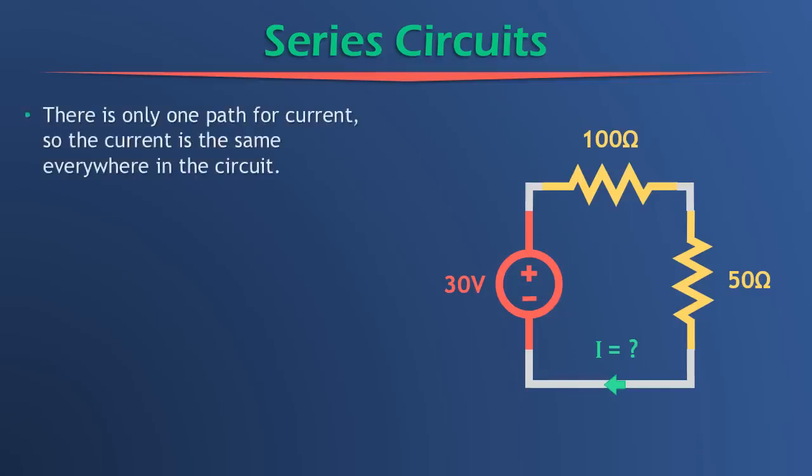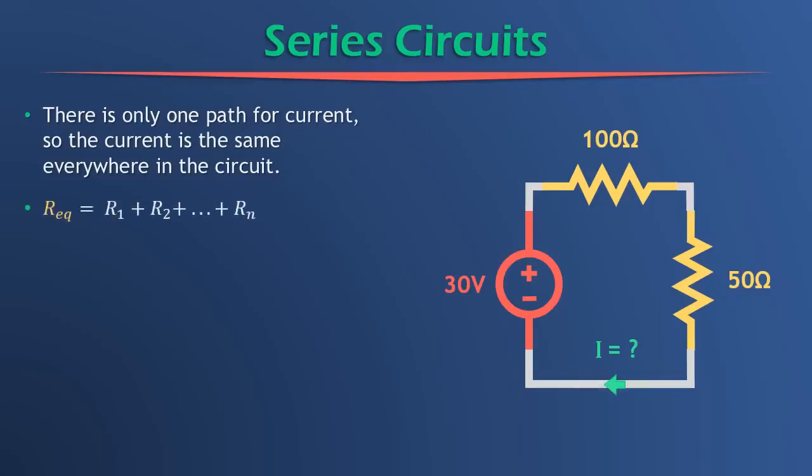In a series circuit, there's only one path for current to flow, because there's only one loop here. Where else could the current possibly flow, and how could it possibly be different at different points in the circuit? So we could test for current here, and it'll be the same. The same value for current will be found here, and the same value for current will be found here.